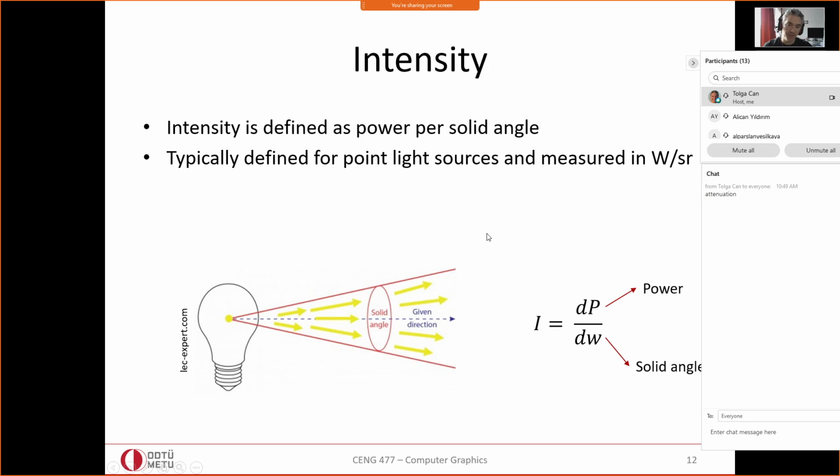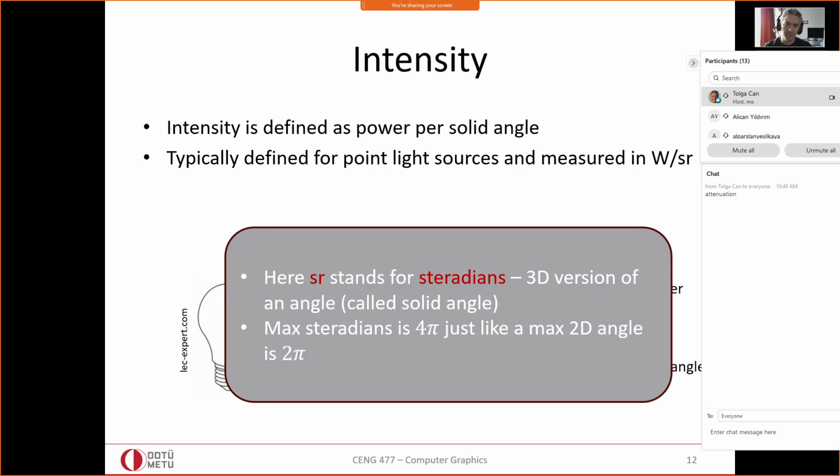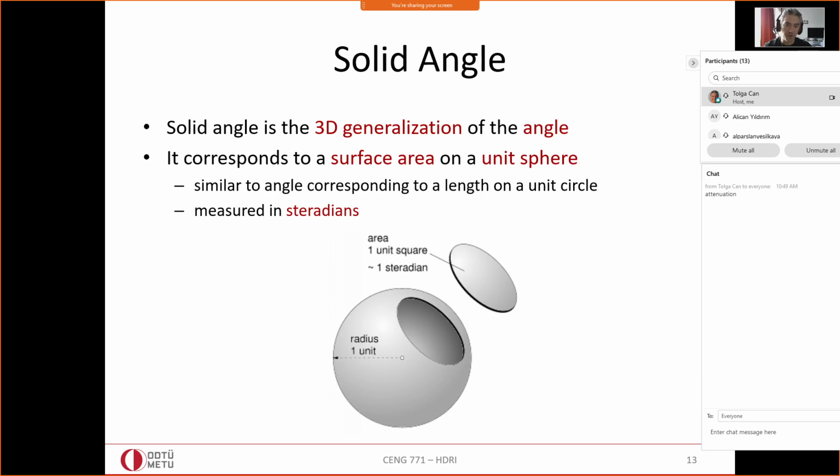So the larger the angle, the more the power is dispersed in that area. This steradians, the 3D version of an angle, is used here. These are really complicated light intensity computations, which we will not use in our models. That's why I'm going to quickly skip them.